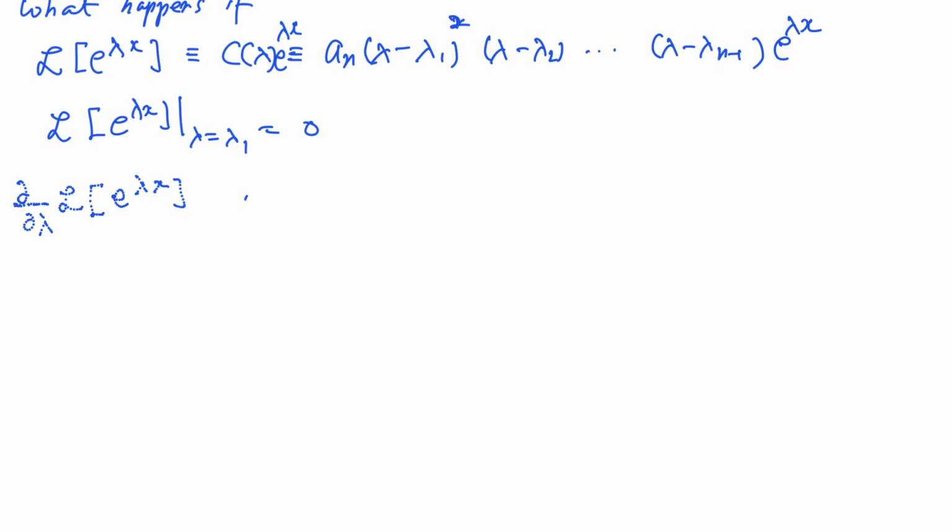What happens is, if you differentiate by lambda, then we have twice a_n (lambda minus lambda 1)(lambda minus lambda n) ... (lambda minus lambda 2) exponential lambda x, plus more terms.